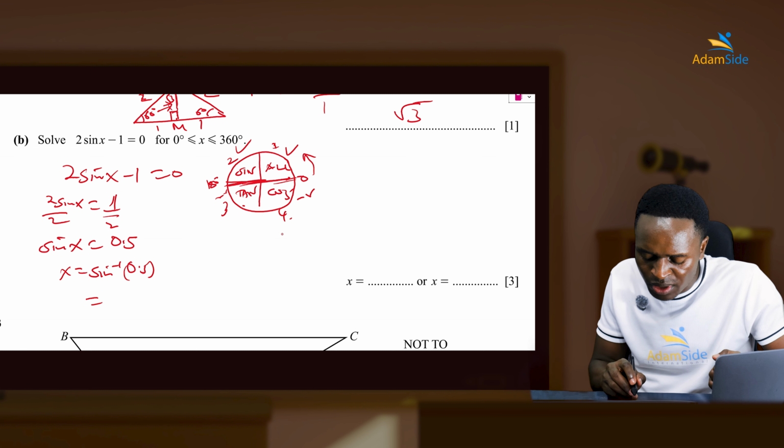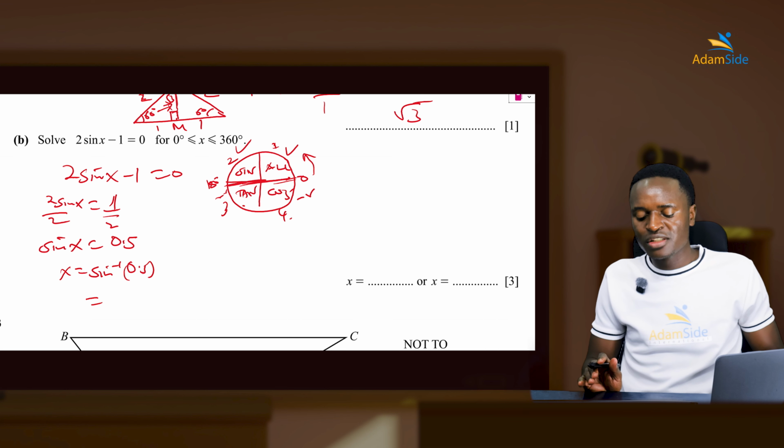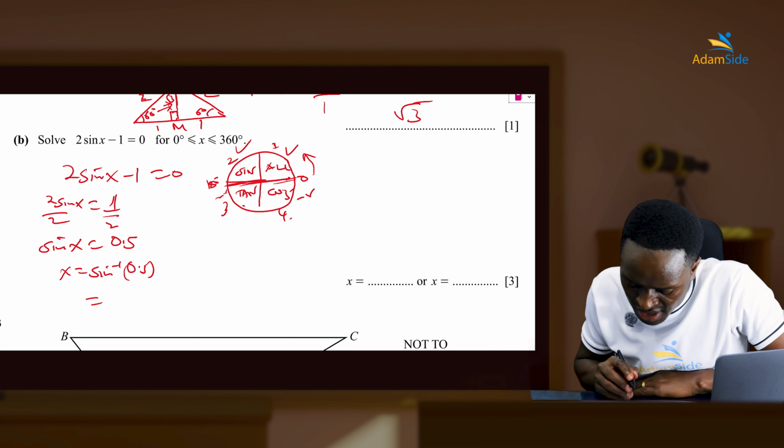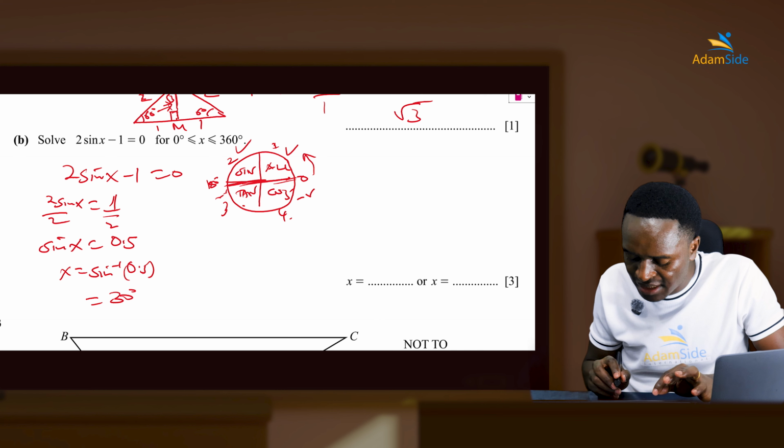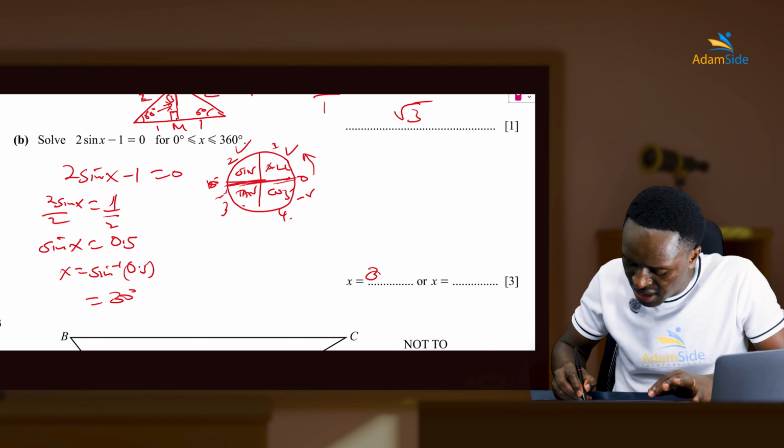So our answer here is 30 degrees. Now after getting the 30 degrees, what will be the other one?